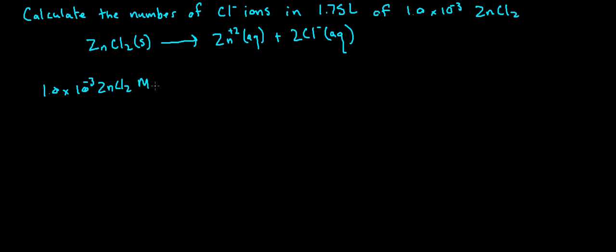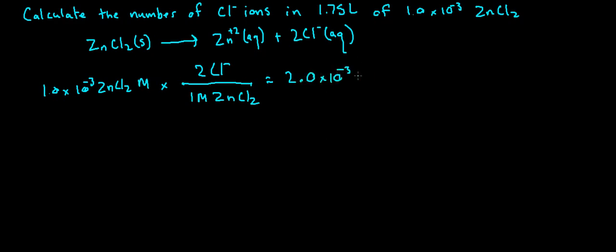So this is a mole to mole ratio problem, except it is in concentrations. So when I have 1 molar zinc chloride, it dissociates into 2 chlorine ions. So that means I'm going to have 2.0 times 10 to the minus third molar chlorine.